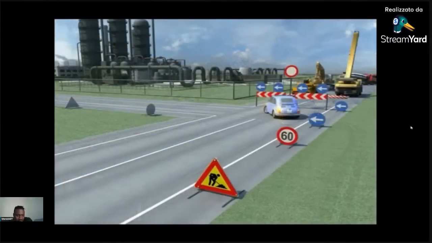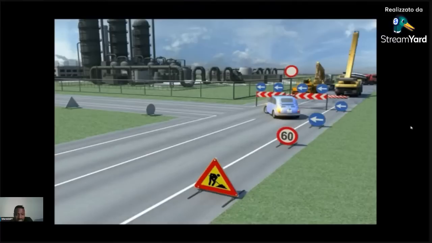The same thing here. The only difference is that the delineatore is white and red. What is the difference between the white and red and the black and white? The black and white is permanent. Meanwhile, the red and white one is what? Temporary.